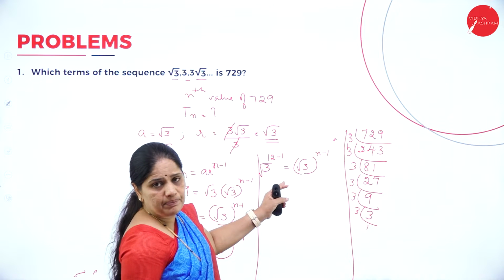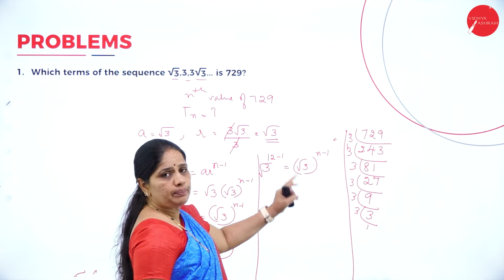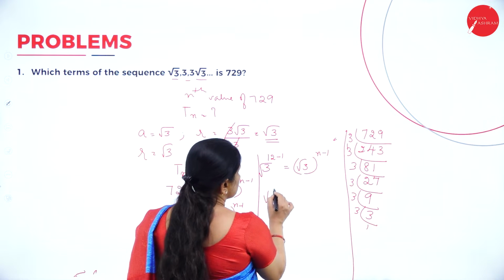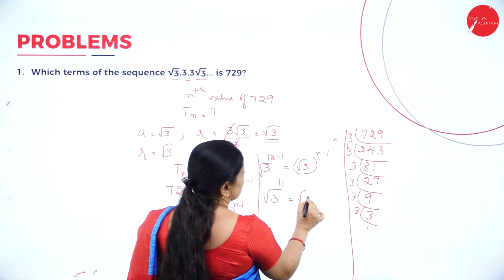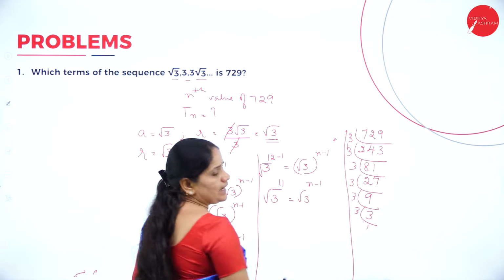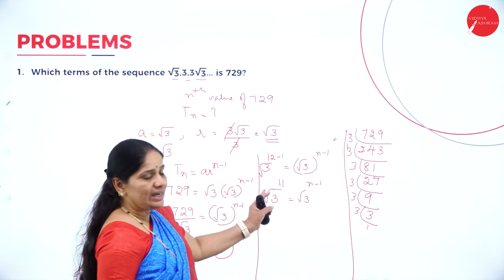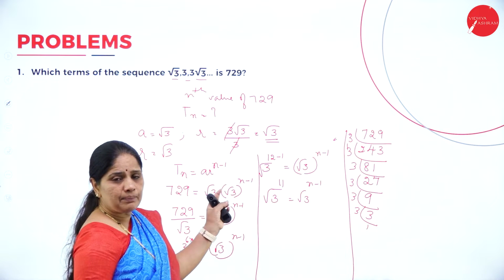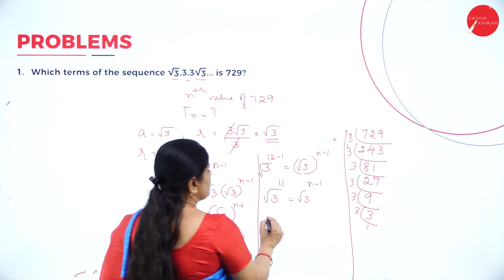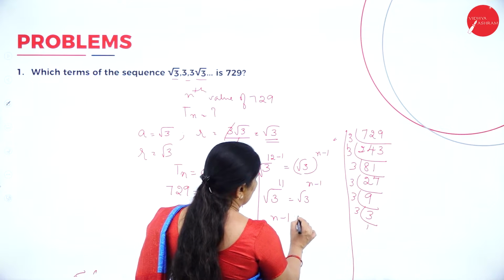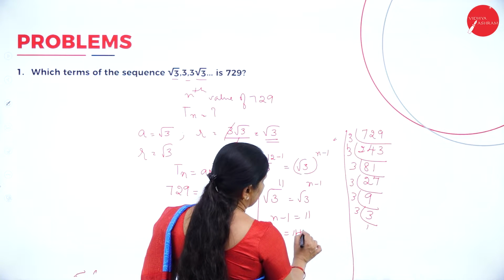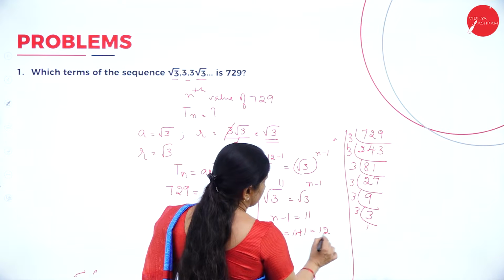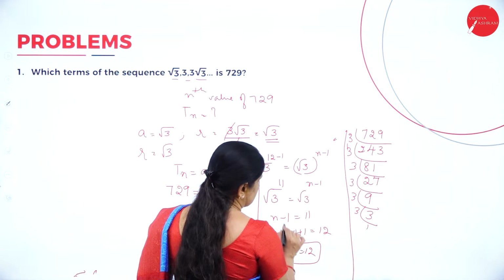When we simplify, root 3 to the power of 12 minus 1, so root 3 to the power 11 equals root 3 to the power n minus 1. When the bases are same, the powers can be equated. So n minus 1 equals 11, n equals 11 plus 1, that is 12. So n equals 12 is the answer.